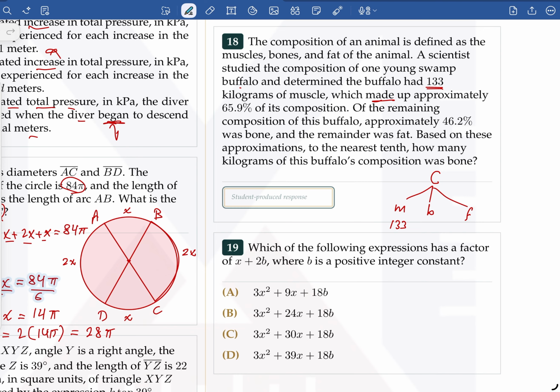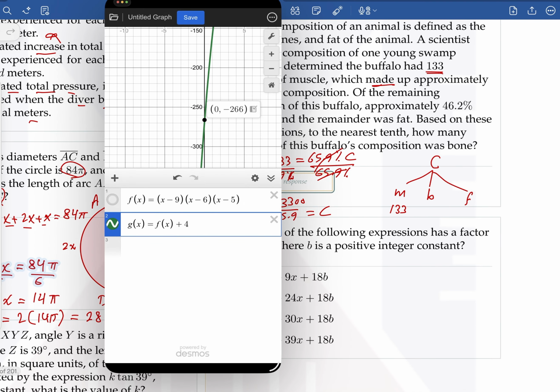Which made up means 133 is equal to approximately 65.9% of the composition, C. So now we can get the composition by dividing both sides by 65.9%. These are cancelled, so C is equal to 133 over 65.9, and this percentage sign moves 2 zeros up here. So you can find the value of C using your calculator by this.